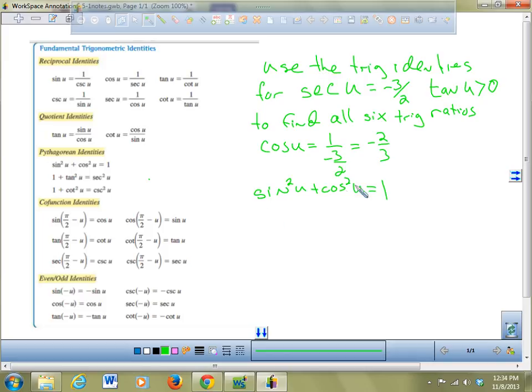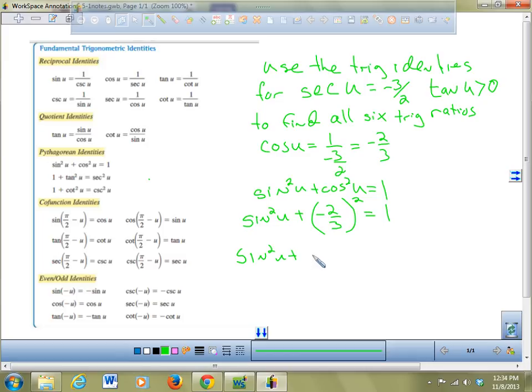So all you do is sine squared u plus negative 2/3 squared equals 1, and then you solve that for u. And so then you get sine squared u plus what? What's negative 2/3 squared?